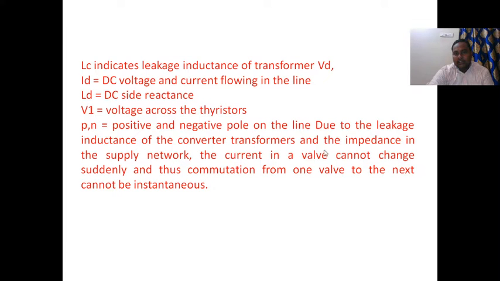The current in a valve cannot change suddenly, and thus commutation from one valve to the next cannot be instantaneous. It will take some time. Suppose in the previous analysis, the current transferred from thyristor 1 to 2. Before the current transfer, the position is 1 to 2 to 3.